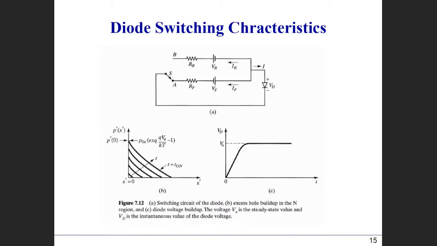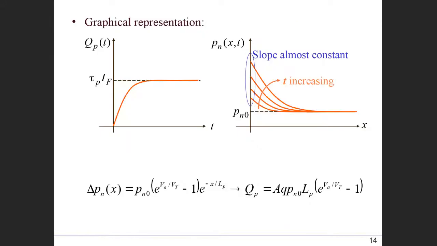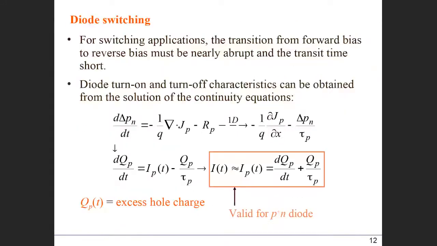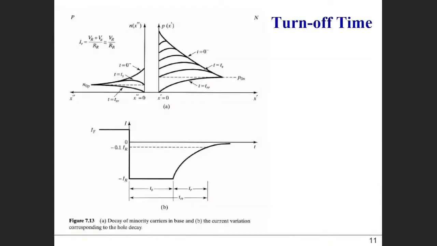This one is the same as I explained. The switching characteristic is this way. And this graph shows how the minority carrier concentration changes. Especially the first graph, A, shows the P plus N diode case.